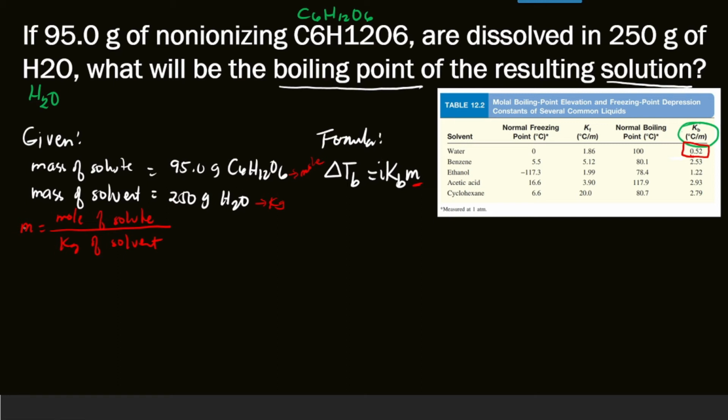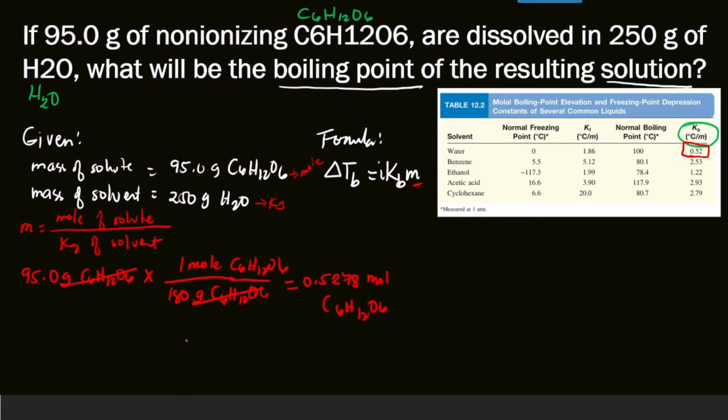So, convert first: 95.0 grams C6H12O6 times its molar mass, 180 grams C6H12O6 per 1 mole of C6H12O6. Cancel the unit grams, and we will have 0.5278 mole of C6H12O6.